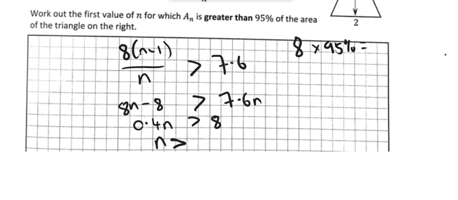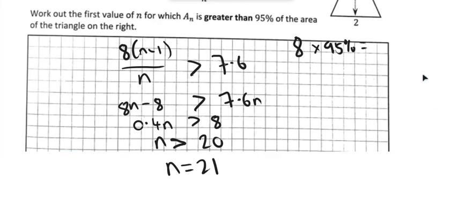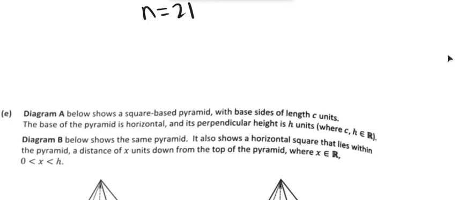Bring it over and divide it, you're going to get 20. So n is greater than 20, but we know that n has to be a natural number. So then n is equal to 21. That's the first value of n for which it's greater than 95% of it. So that's it.